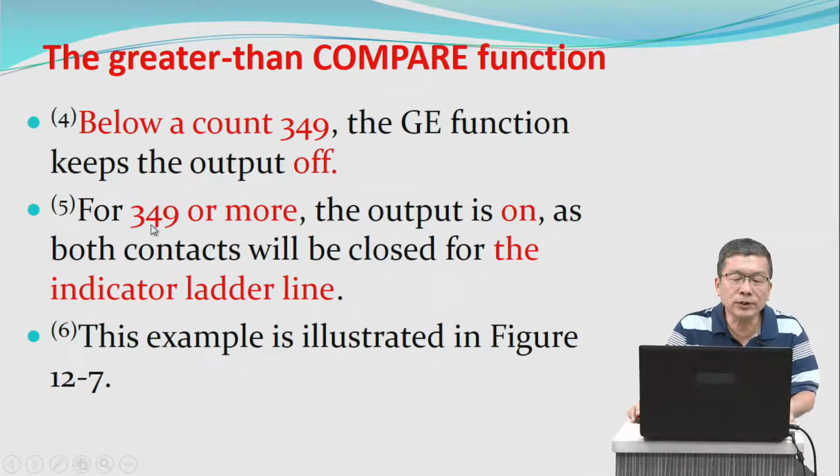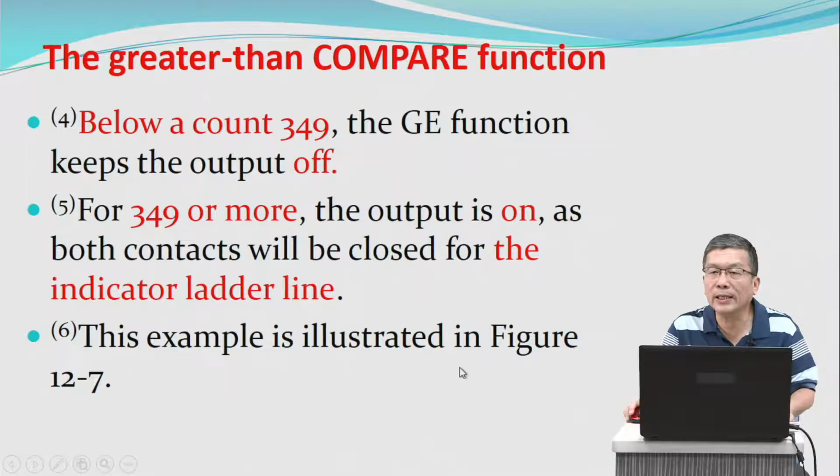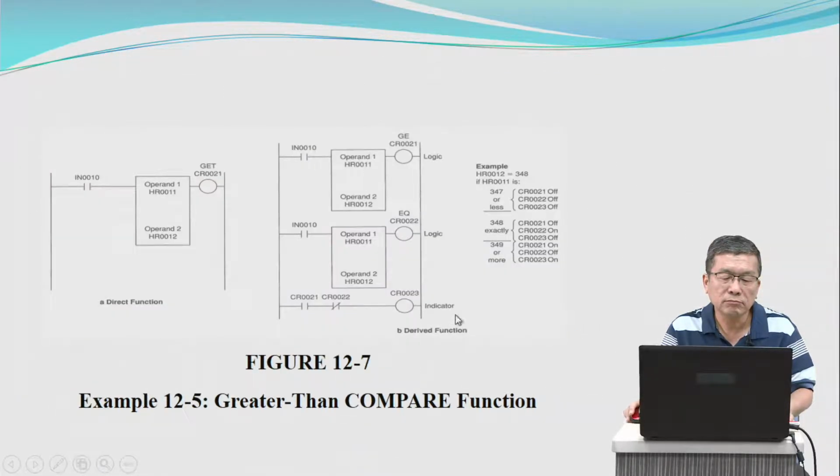For 349 or more, the output is on, as both contacts will be closed for the indicator ladder line. This example is illustrated in figure 12.7. This picture shows the greater than compare function.